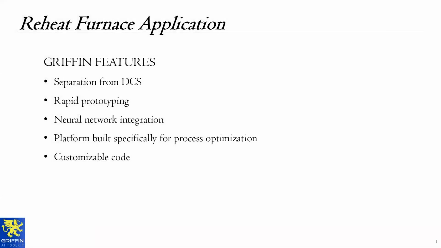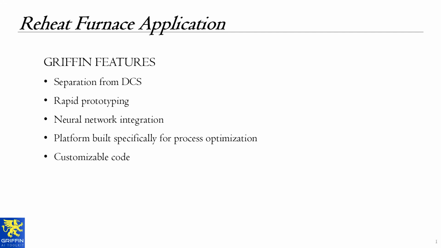So I want to talk about some of the features of Griffin that were fundamental in this project. First of all, it's the separation from the DCS, in combination with the ability to rapidly prototype. You don't really want to see rapid prototyping within the DCS, because the DCS contains your safety critical control systems designed for safety and reliability.